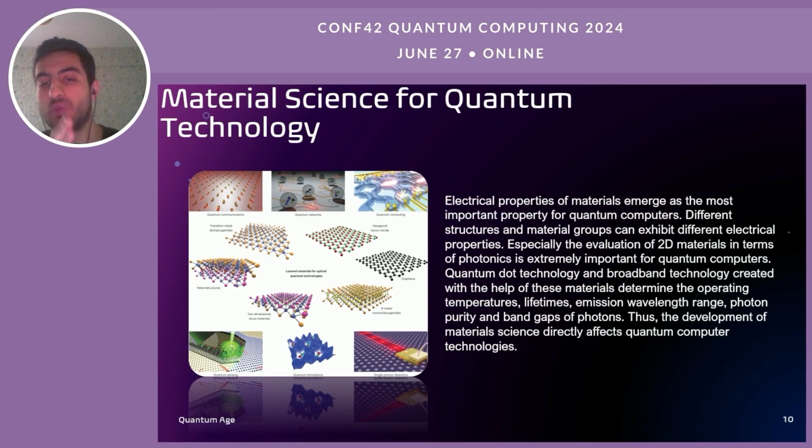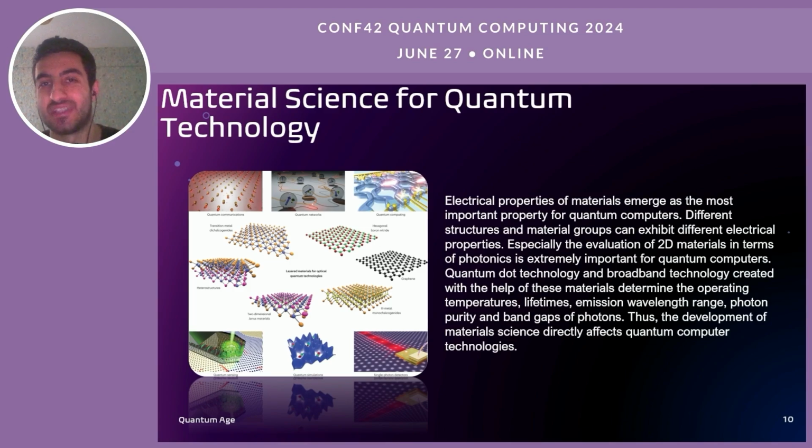One of them is quantum dot technology, and the other is broadband technology. It is very important to design the band gap, and the broadband technology is important to design your band gap to take the photons in, for example, the trapped ion system.